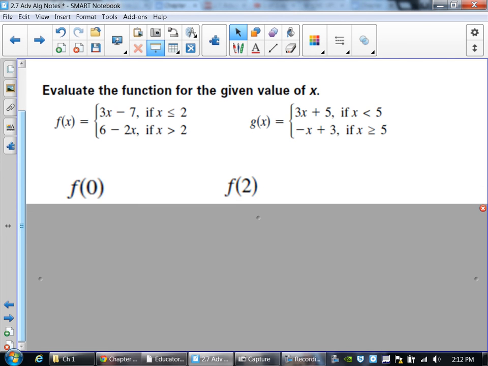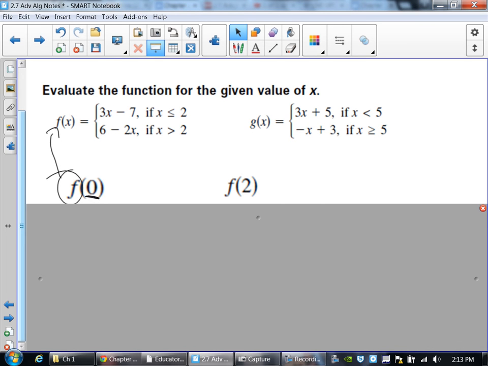What is f of 0? Well, you've got two sets of equations. You've got an f equation and a g equation. If I'm going to ask you what is f of 0, which one do you think you're going to use? The one with the f. Now, first of all, this says, hey, use the f equation, dummy. So you use the f equation.